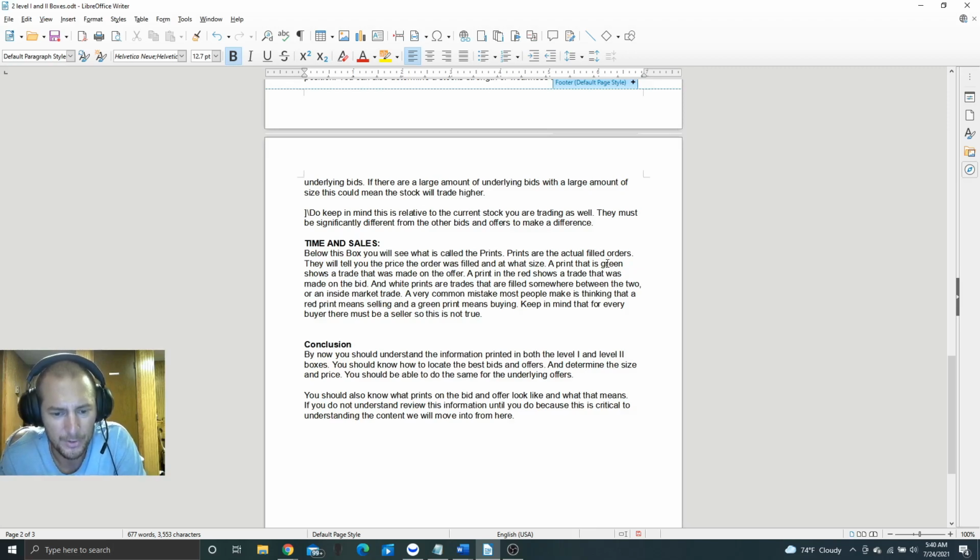So you should be able to do the same for the underlying offers. You should know what the prints on the bid and the offer look like and what that means, as well as the inside market prints. If you don't understand, you need to review this information until you do understand, because it is very critical that you understand this when we move into the more advanced content from here.